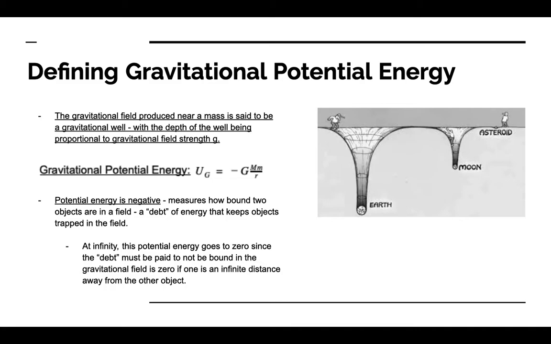As a result, the potential energy goes to zero at infinity because there's zero debt that must be paid. Okay? And for those of y'all who've had calculus, you can interpret this in terms of a limit: the limit as r goes to positive infinity of our potential energy term is going to be zero, because our potential energy is proportional to the inverse of our radius r between the two objects.